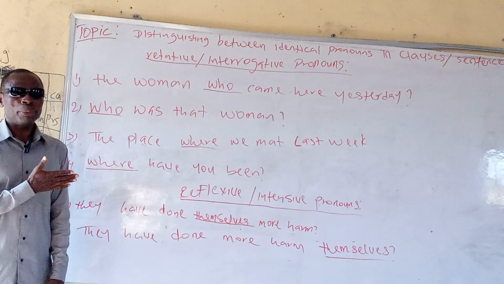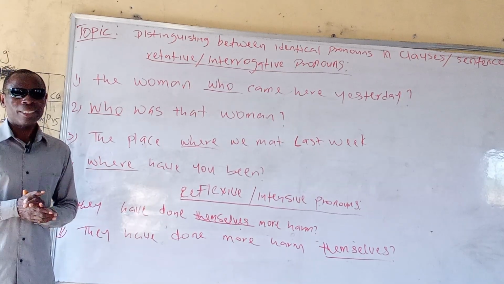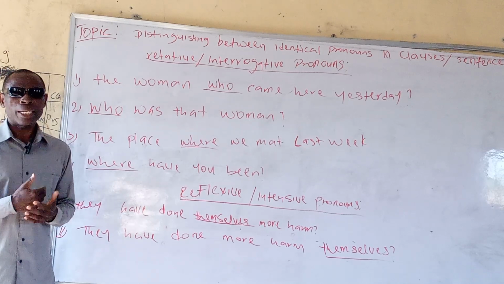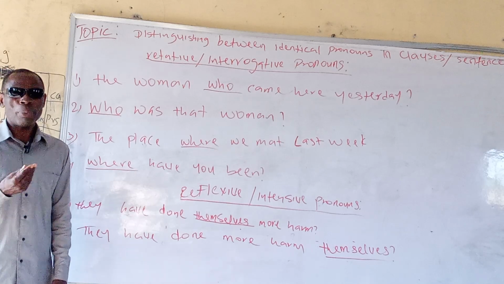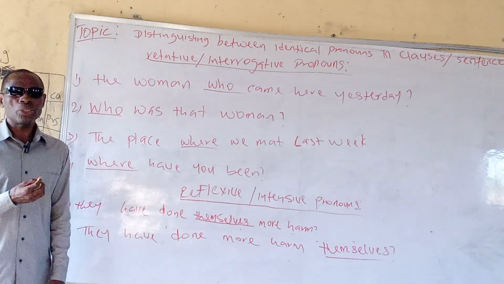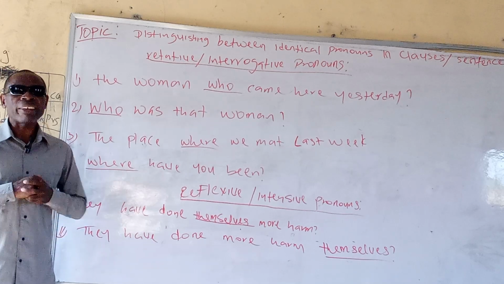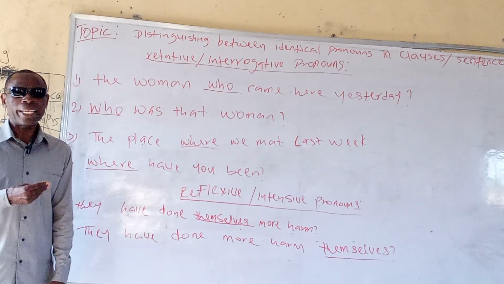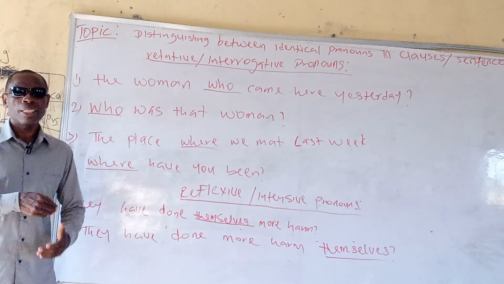Example 2 on the board. Who was that woman? We are still considering who. We want to know what kind of pronoun it is. Let's go back to the same questions and answers method. Is who here referring to a noun phrase, a noun clause, or pronoun previously mentioned in this expression?